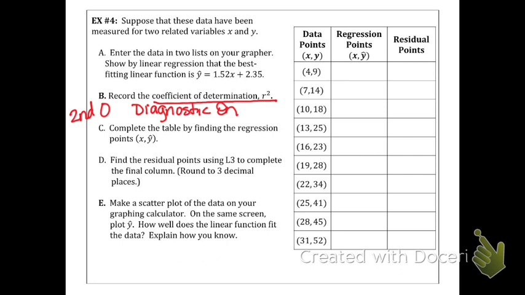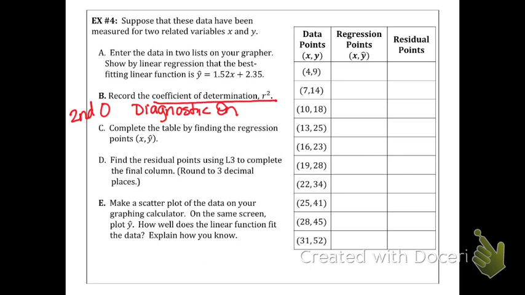All right, and it wants us to find that equation. So let's go to our stat calc linear regression. I'll go ahead and paste that into my Y1. And it's rounded values, but I did get the same equation.